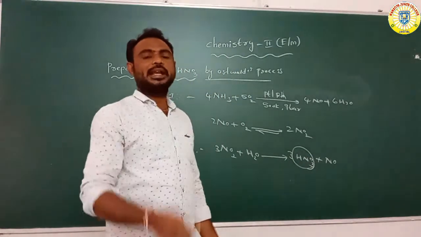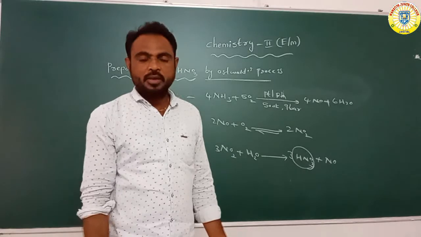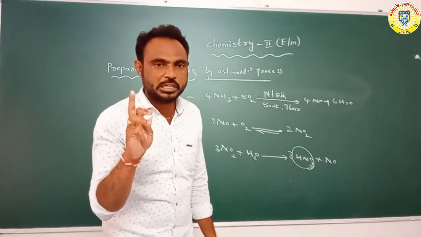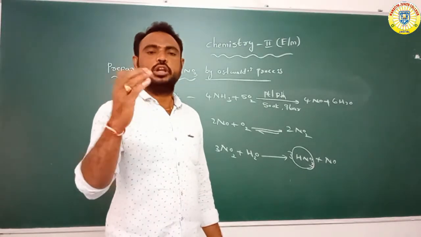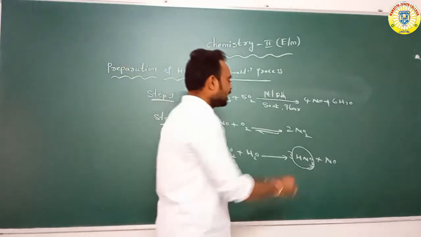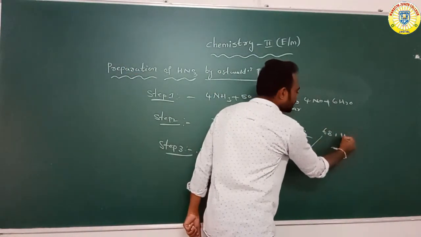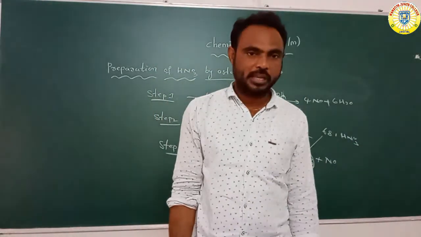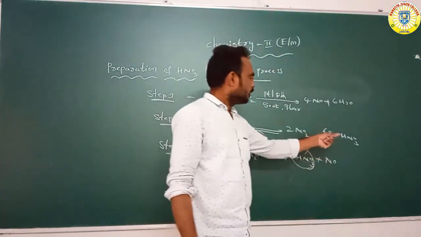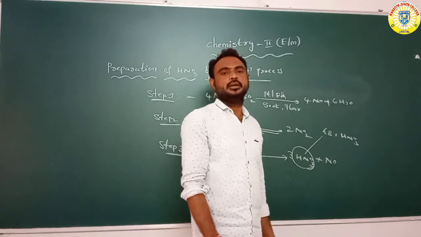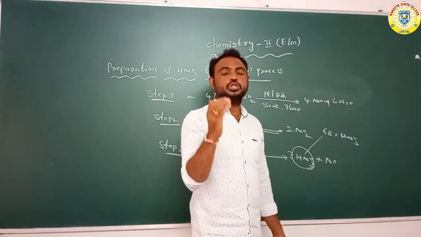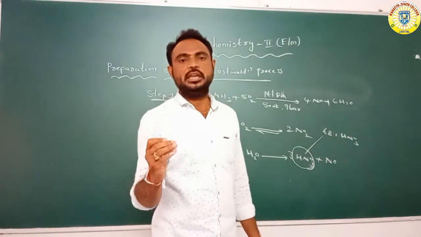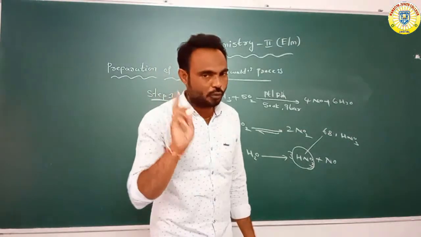In this process we obtain HNO3 which contains a large quantity of water. We use a distillation process to remove the water molecules from HNO3, so its content turns to 68% HNO3. The remaining water molecules are removed by dehydration of HNO3 with concentrated H2SO4.